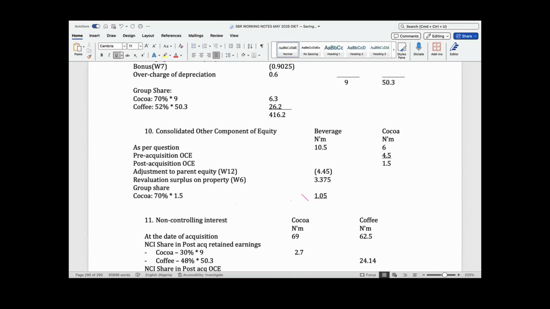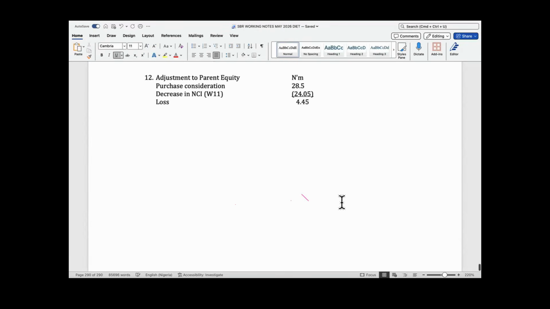So how much is the total? 10.475. Okay. So now we have completed all the additional information.